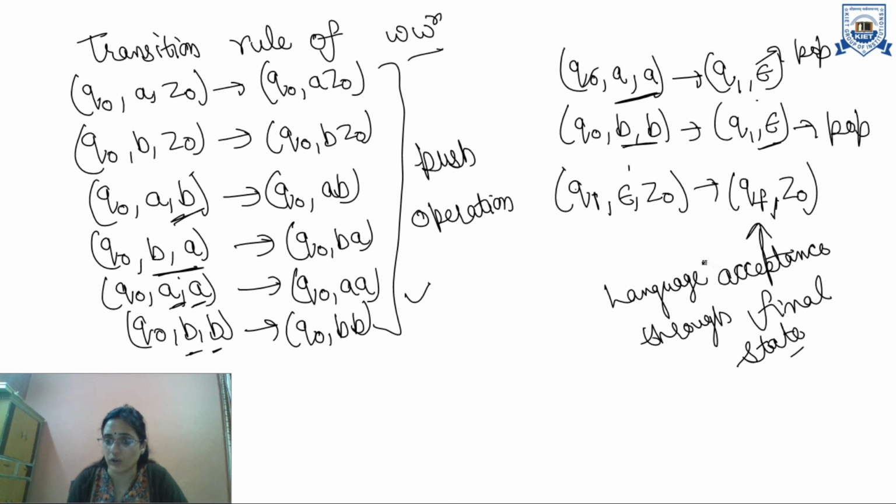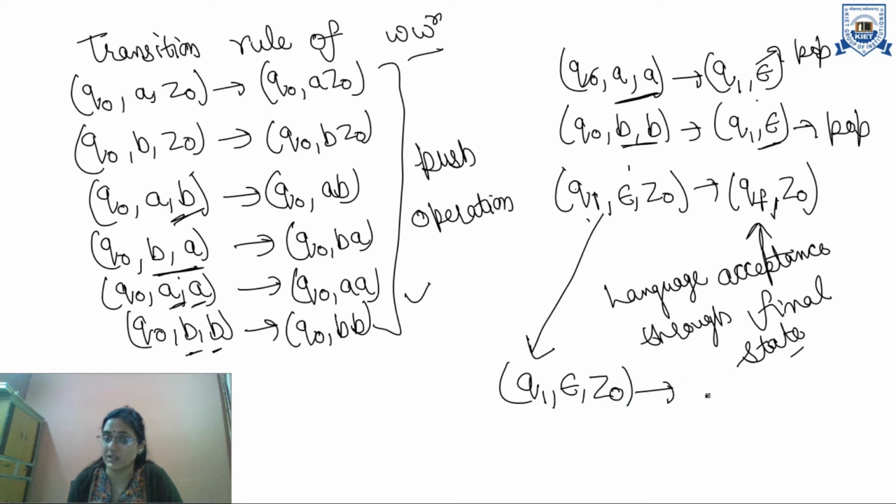If we want to remove all the elements from the stack, then it is written as: if you are on state Q1, input symbol is epsilon, top of the stack is Z0. That means now I have to remove all the symbols from the stack, that means remove Z0 from the stack. If we remove Z0 also from the stack, now our stack is empty and it will be shown through epsilon.